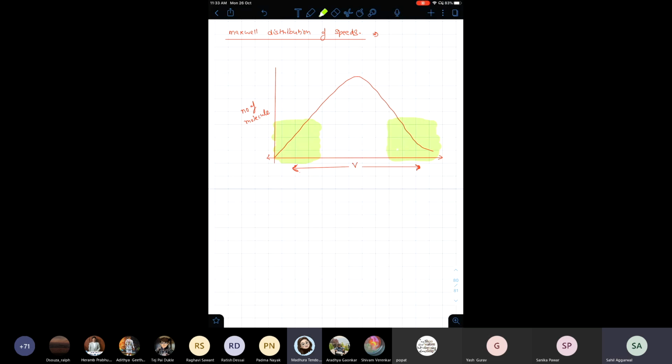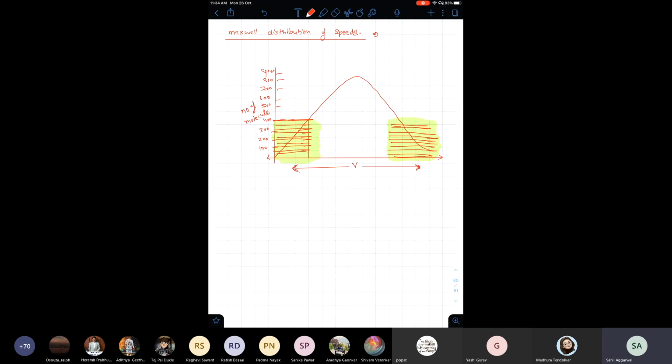Let me write it here. Let us assume 100, 200, 300, 400, 500, 600, 700, 800, 900. So we can say that a lesser number of people have low velocity, and a lesser number of people have high velocity.